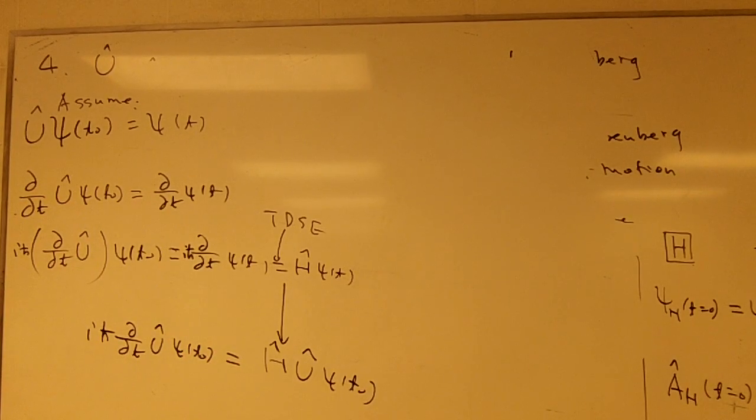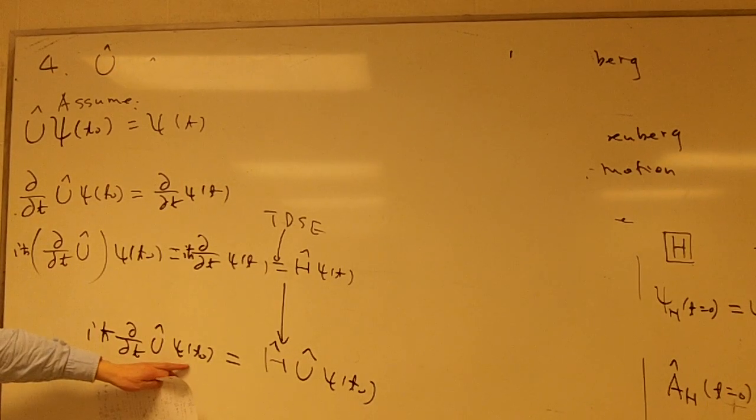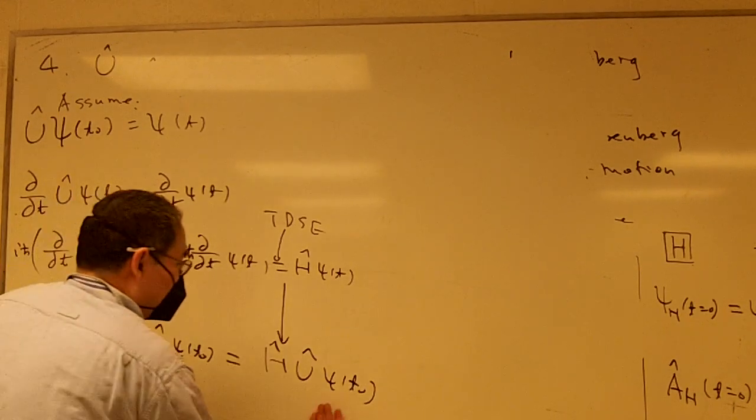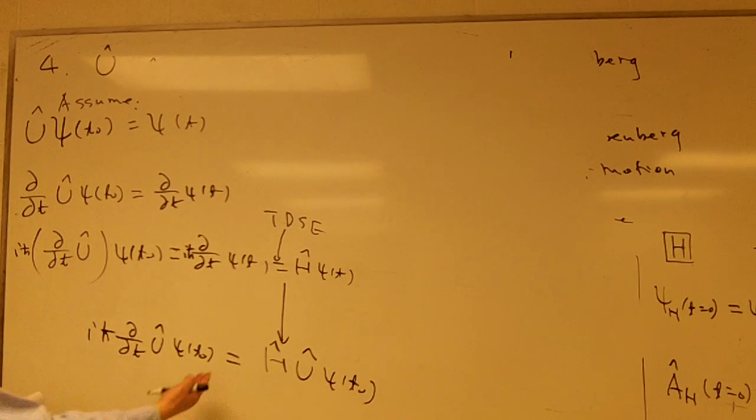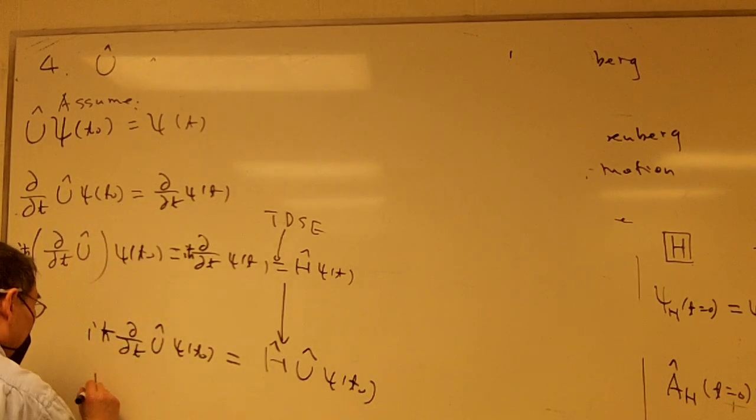So they must be equal to each other, because U of T0 is arbitrary. I didn't assume anything, it's just arbitrary. So I can remove this part completely, because this is the same thing that we do with the commutator. You remember we put an arbitrary function in the auxiliary function in the back. So these two can be cancelled out.